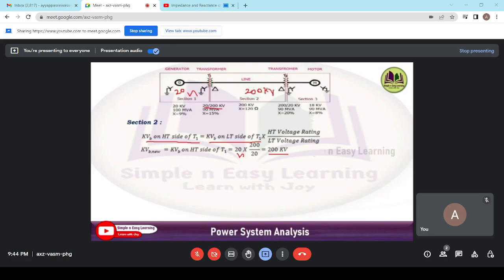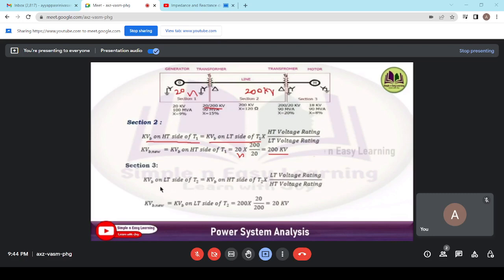And section 3, that is the low voltage side of transformer T2, the LT side. The formula is: base kV on LT side of transformer T2 equals base kV on HT side of transformer T2 times LT by HT, that is low tension side divided by high tension side.